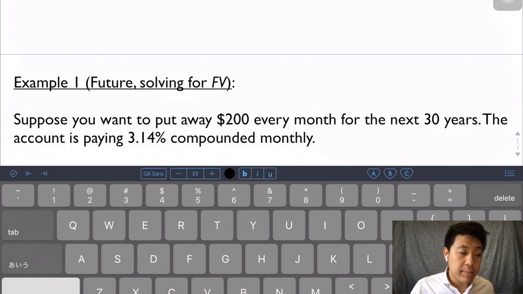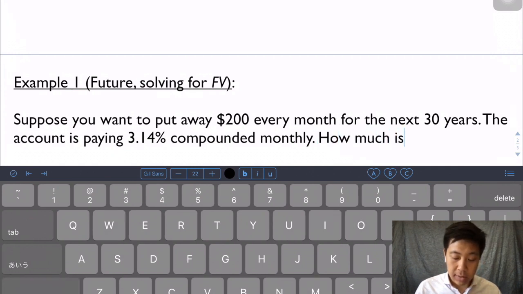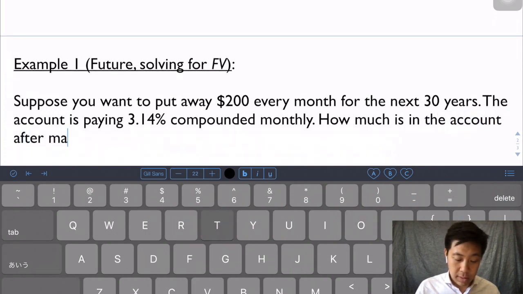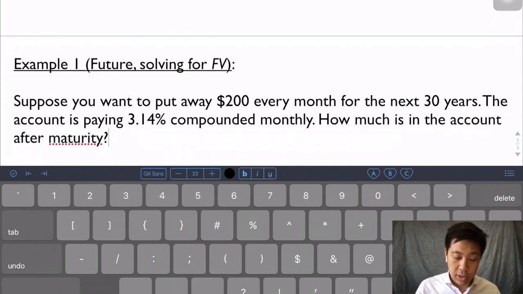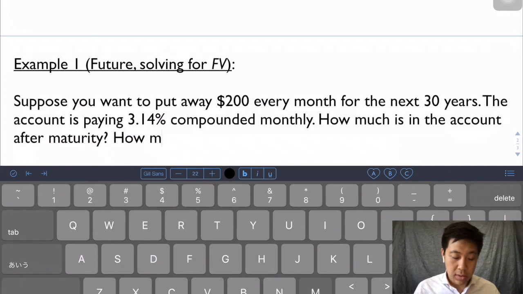That's the beginning information. Now come the actual questions about the problem. How much is in the account after maturity? How much interest was accrued?